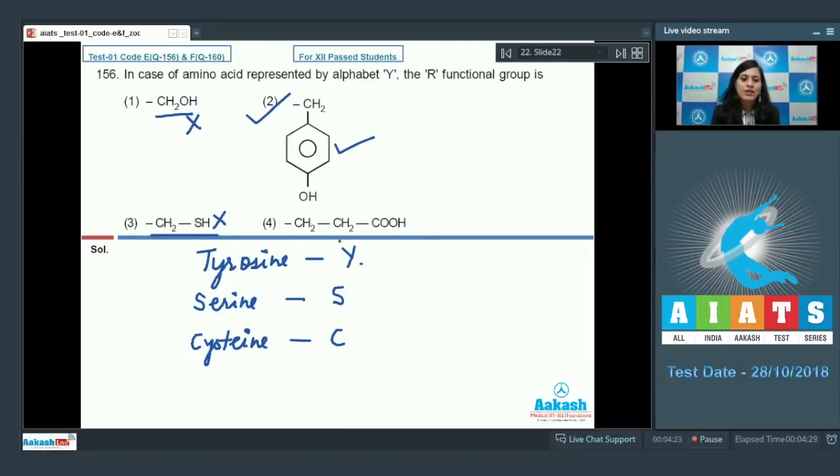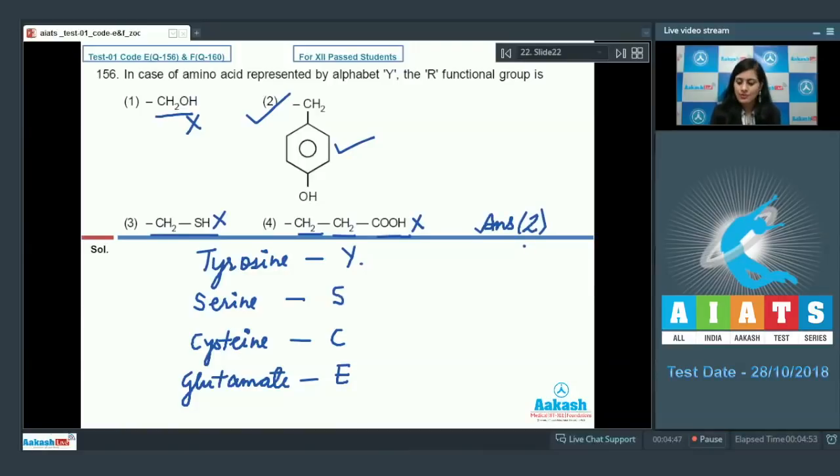Our last option is if R is CH2CH2COOH, it corresponds to glutamate, represented by E. So this is an incorrect option, and the correct answer for this question is option number 2.